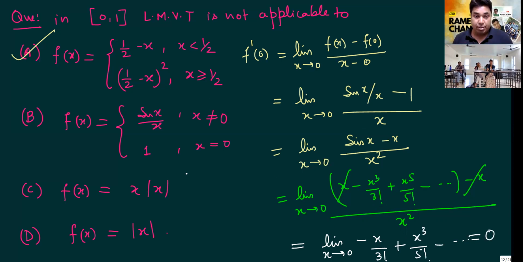So the function is differentiable at x equal to 0. So Rolle's theorem will be applicable on this function. I was thinking that it would not be, but from the theory, f dash 0 is 0. Any doubt, kids?